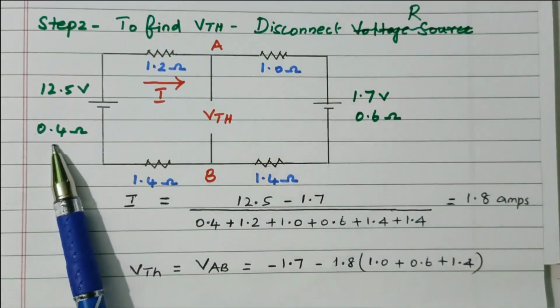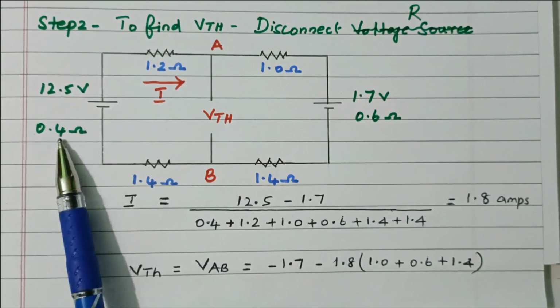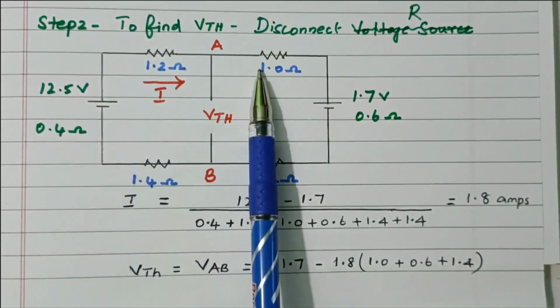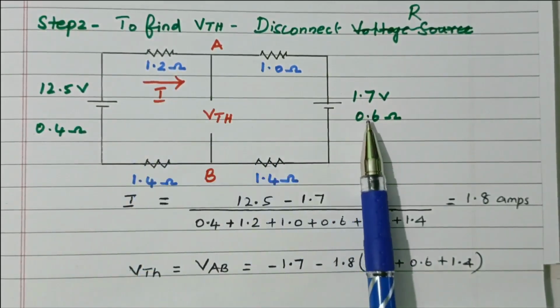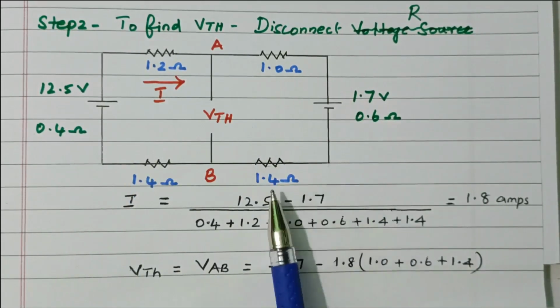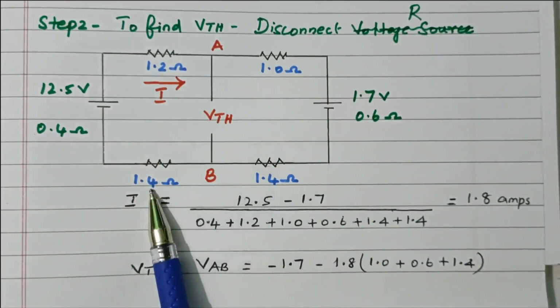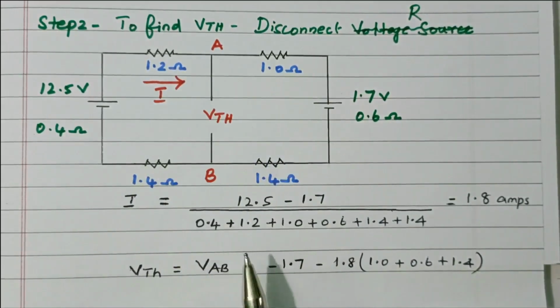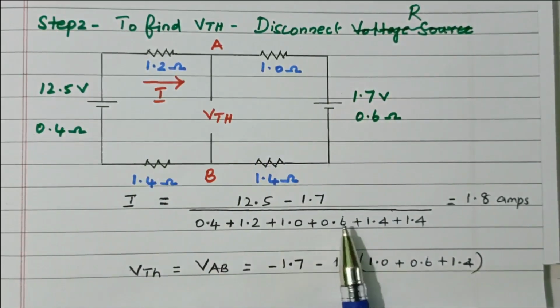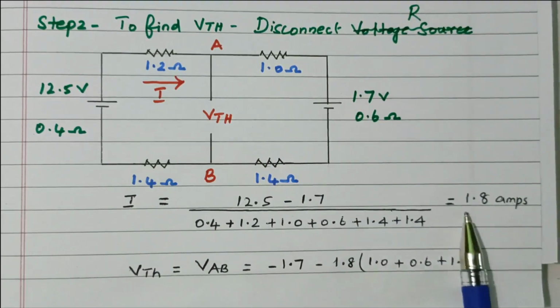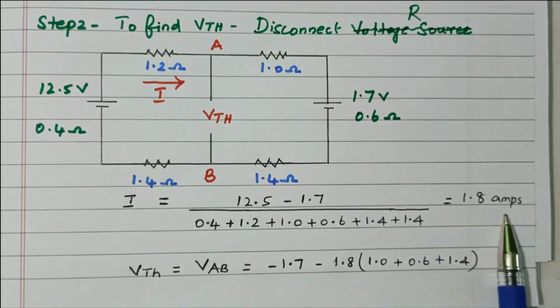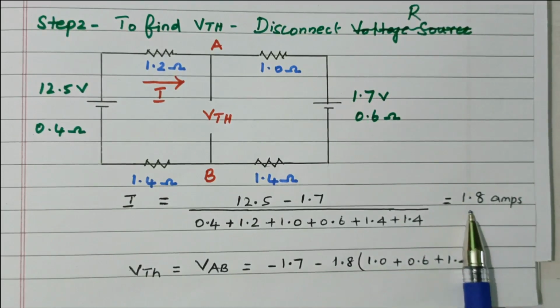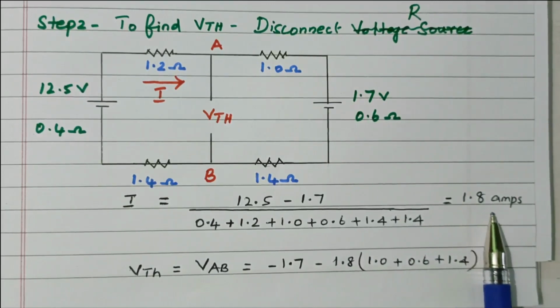The internal resistance of the first voltage source, 0.4, then 1.2, 1, the internal resistance of the second voltage source, 0.6, then 1.4 and 1.4. Six resistors are available, and all are added. After simplification we get 1.8 ampere. The current flowing through the circuit is 1.8 ampere.